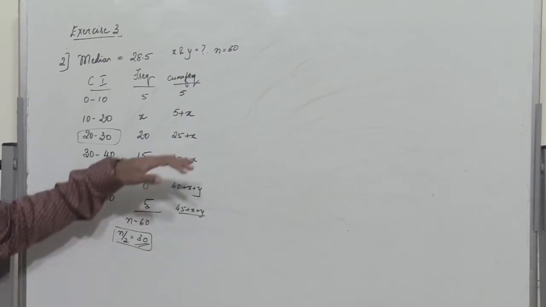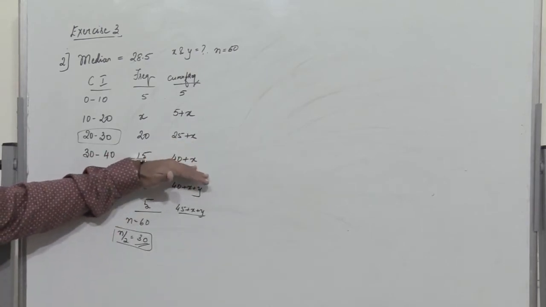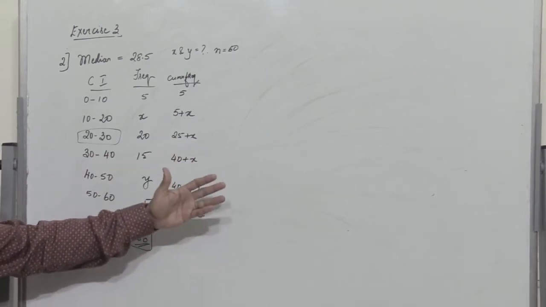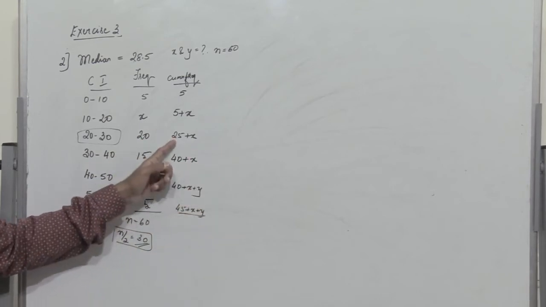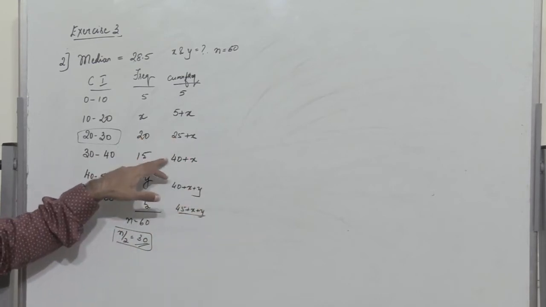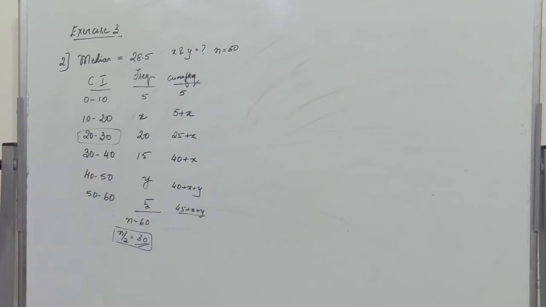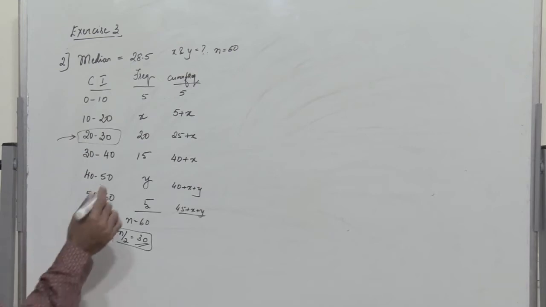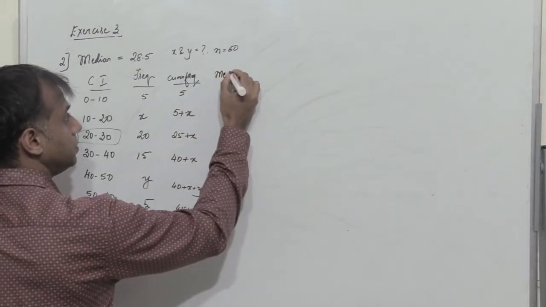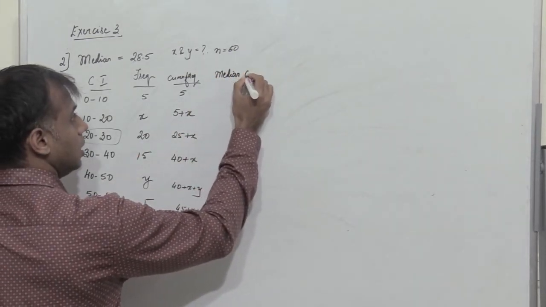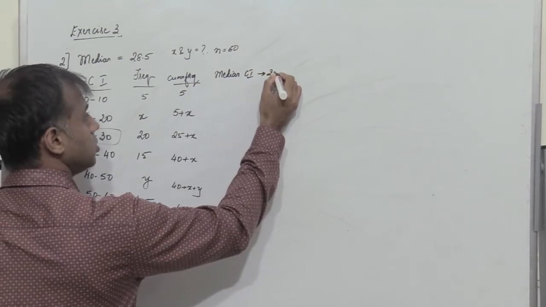Whatever may be the value of x, this value is definitely greater than 40, and that value lies between 25 and 40 definitely. Therefore, the median class interval is 20 to 30.